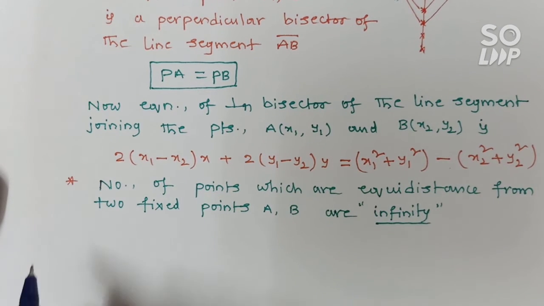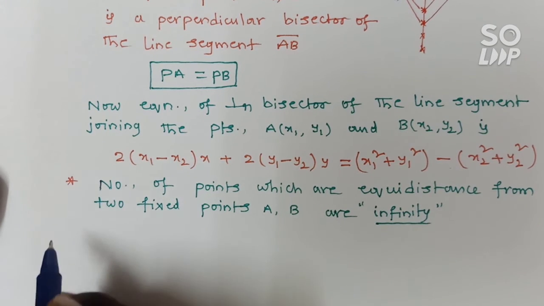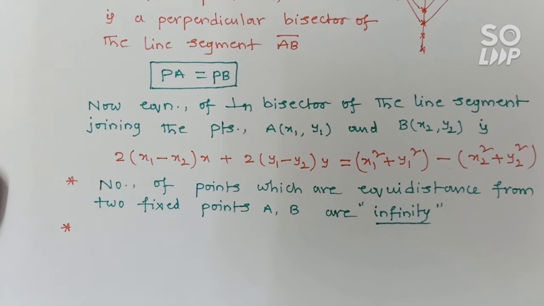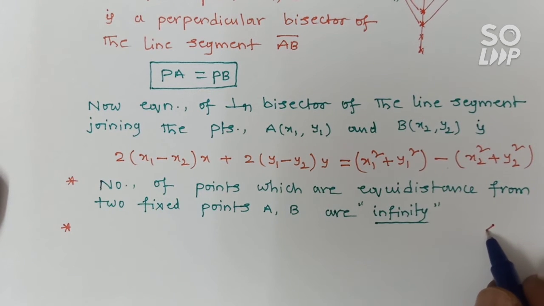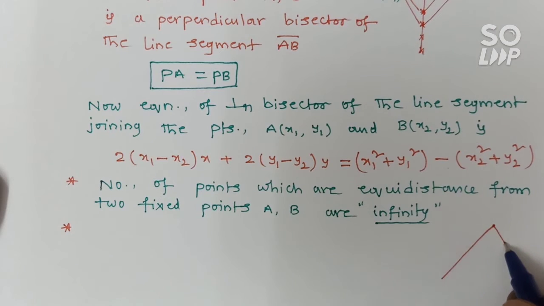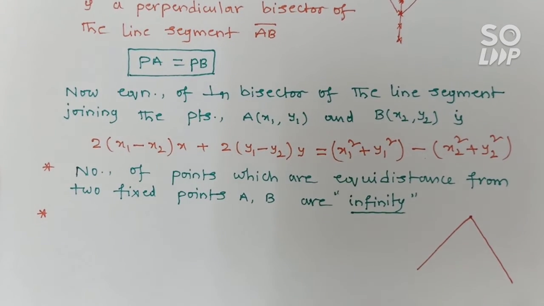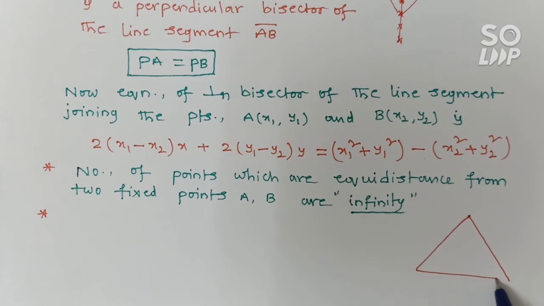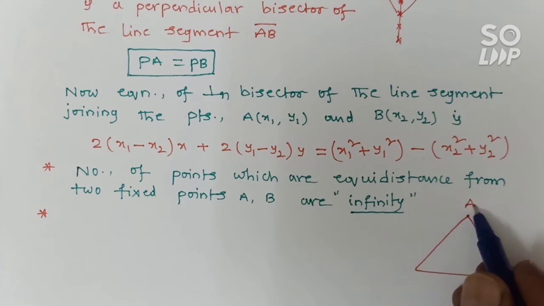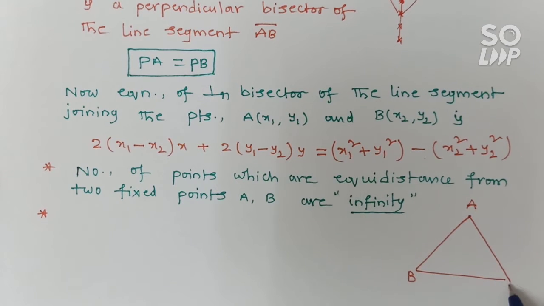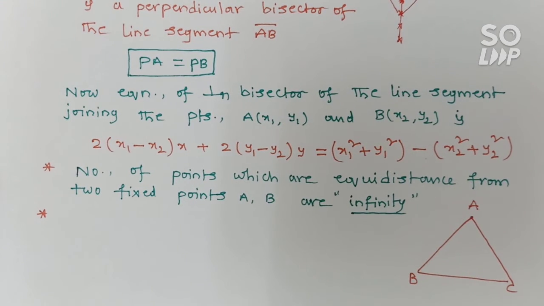Suppose we take three non-collinear points. We know that non-collinear points will obviously form a triangle. Let this be the triangle ABC, right?